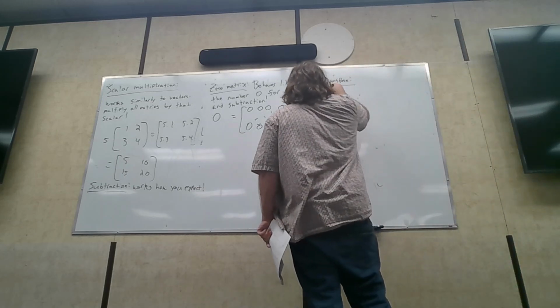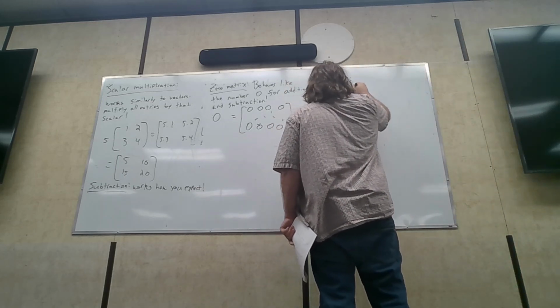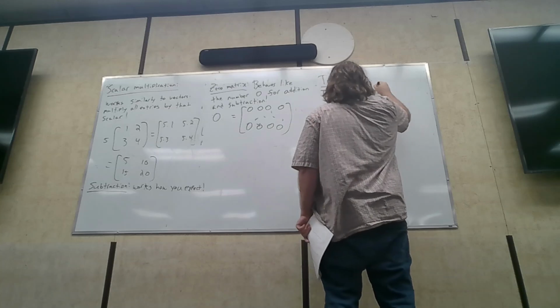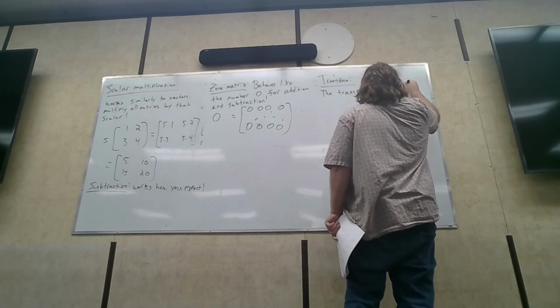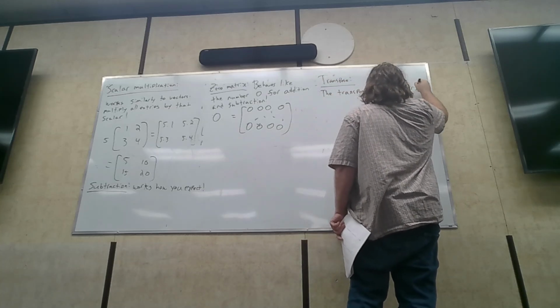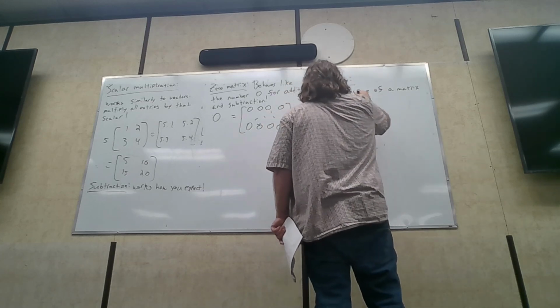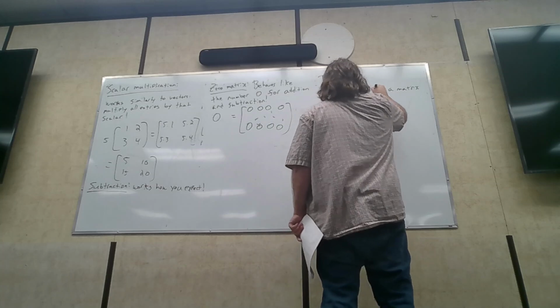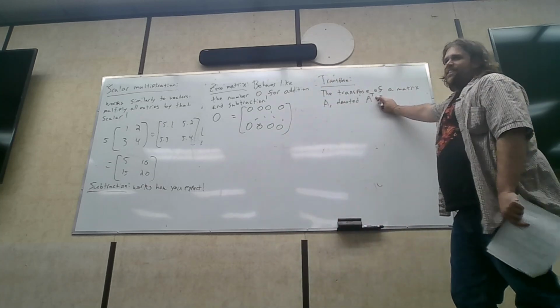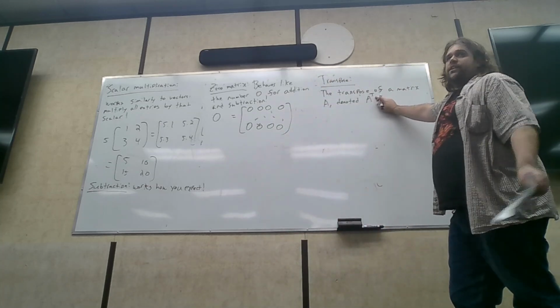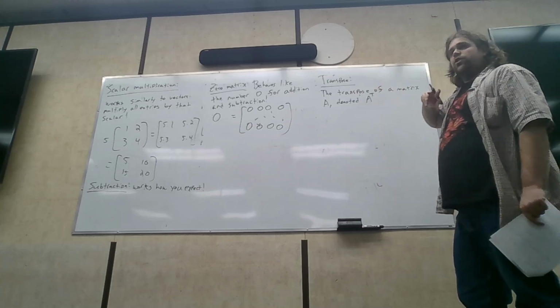So the transpose of a matrix A, which we denote A^T. This is not technically an exponent, it's just a symbol. It's saying, hey, this is the thing we're doing.